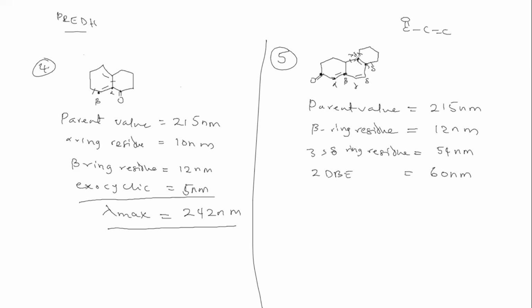Here, when you look at this one, it is a homoannular diene component. Okay, sorry, before that, what about the exocyclic double bond? When you look at this one, it is an exocyclic double bond, but this one no, this one no. So we have just one exocyclic double bond.